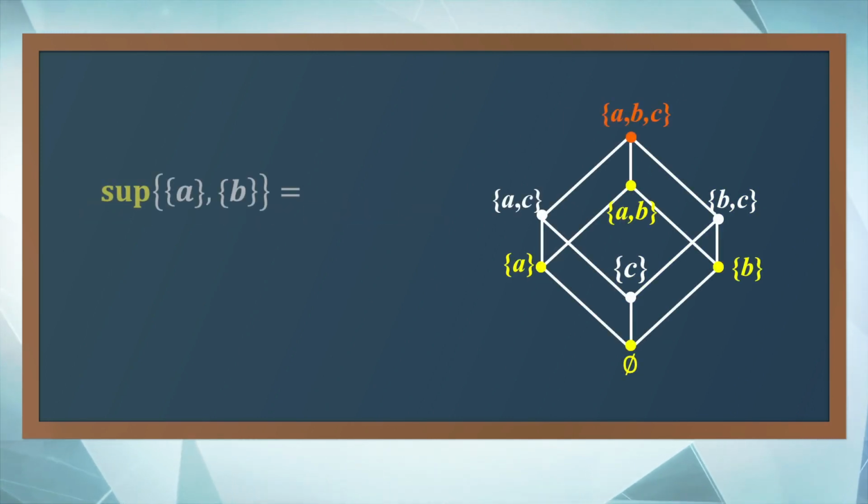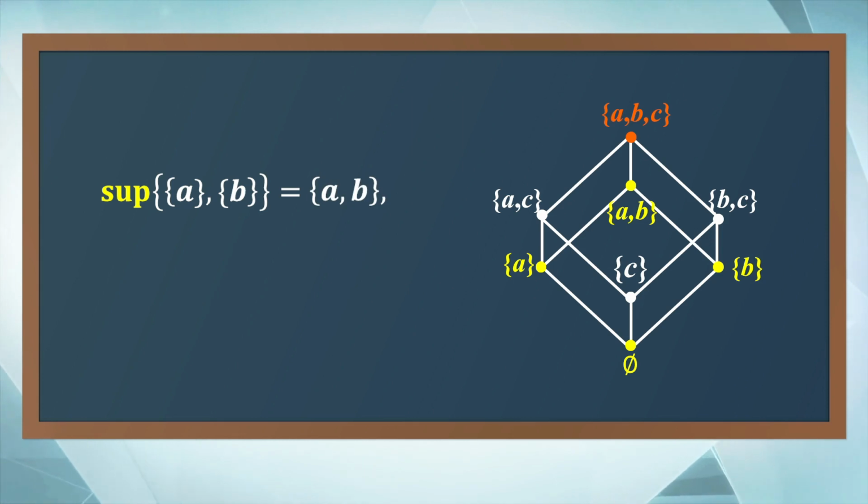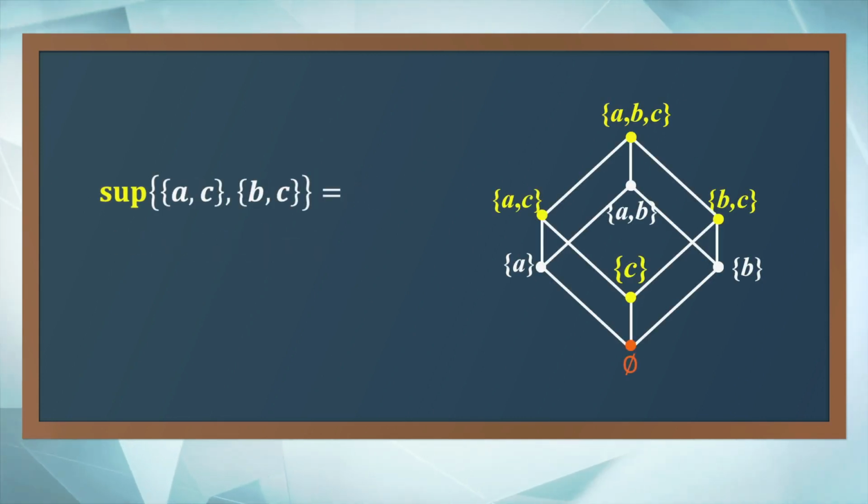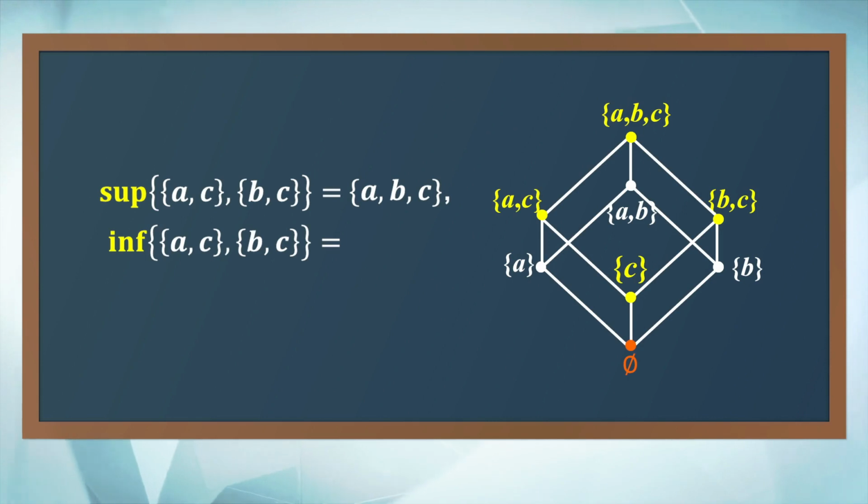For instance, the singleton A and the singleton B: the supremum of these 2 sets is set AB, and the infimum of these 2 sets is the empty set. What about set AC and set BC? The supremum of these 2 sets is set ABC, and the infimum of these 2 sets: there are 2 lower bounds, the singleton C and the empty set.